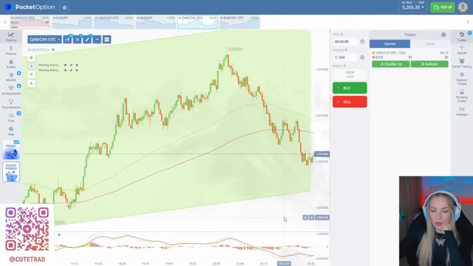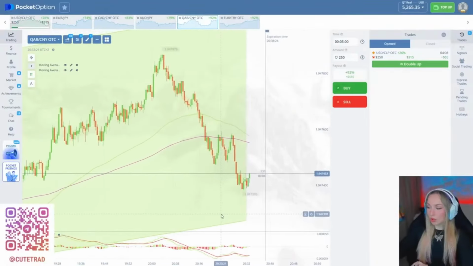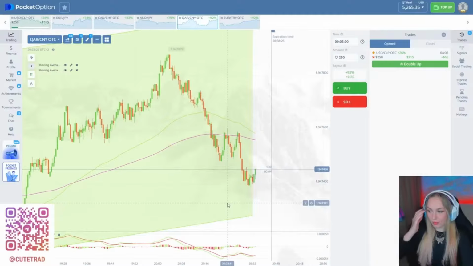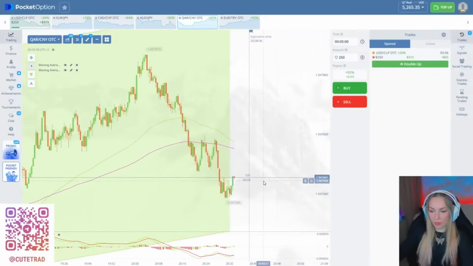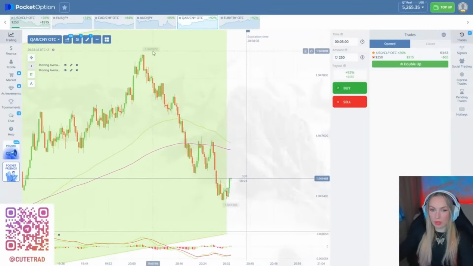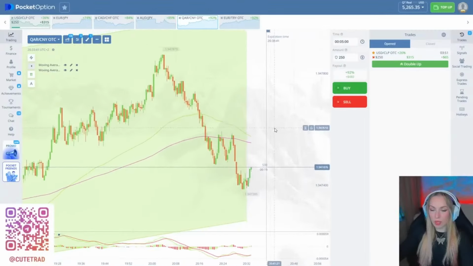Here we go. This one is already close to the support. But I think it's still super early to go up. It can still go down. I think it's early to open the trade here.